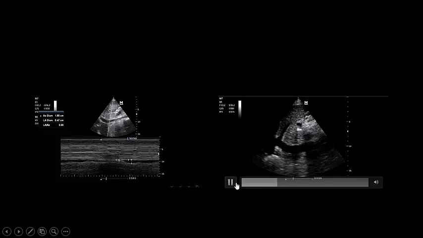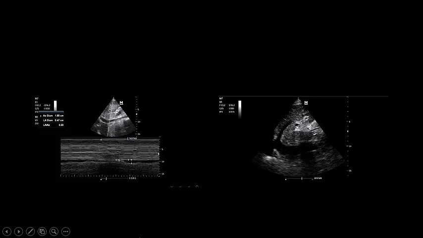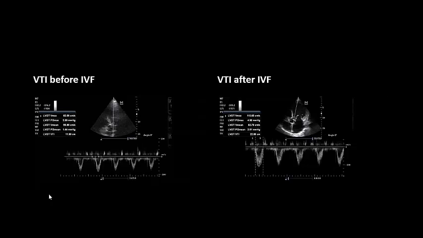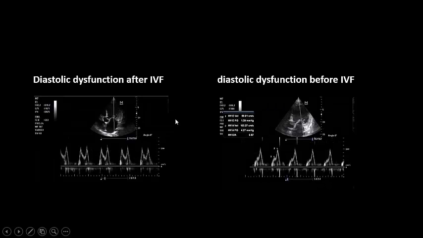Here is before and here is after, starting to fill up. You see here the VTI before 11, after 22. You see here the diastolic function. It was grade 1, increased to grade 2.